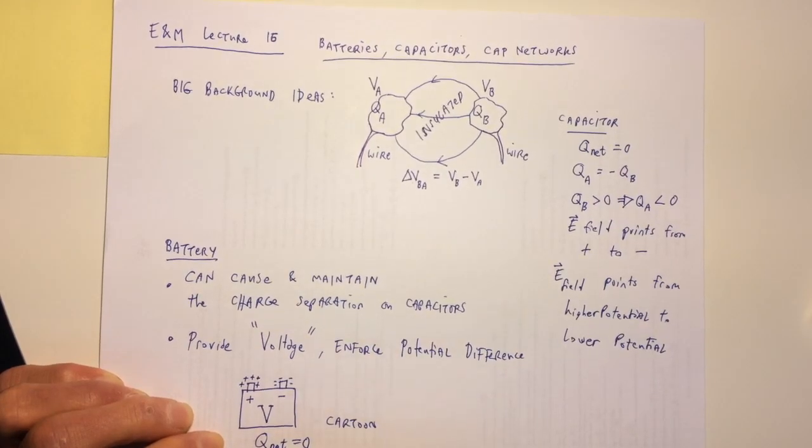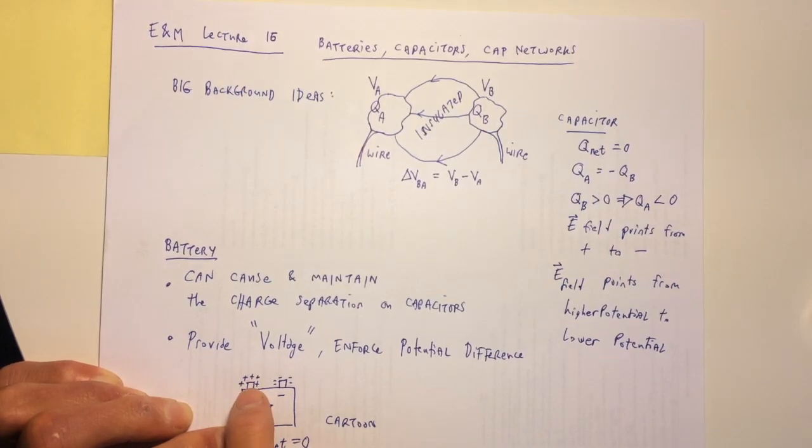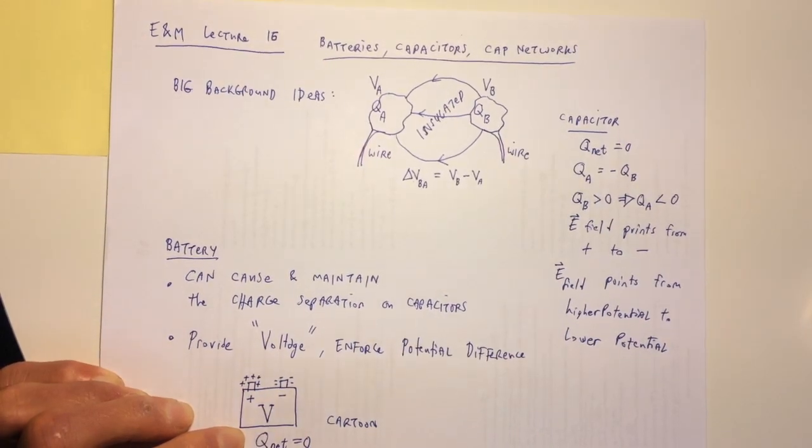So this is an idealized assumption that makes everything conceptually easier, but you don't actually have to have batteries have net charge equal to 0. They can have a net charge, and nonetheless, this battery will do the job of maintaining the proper potential difference between the high conductor and the low conductor.